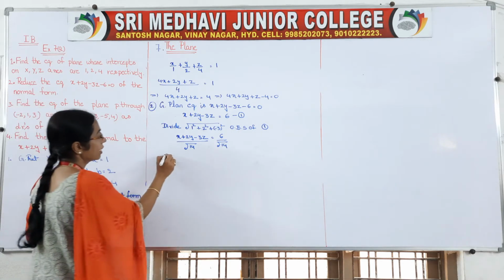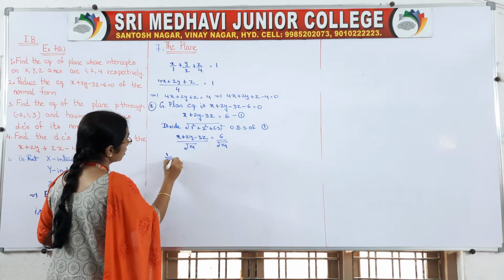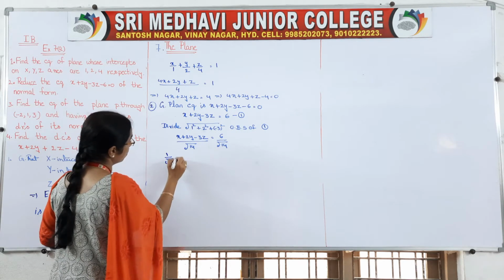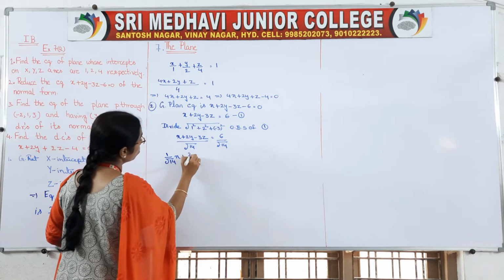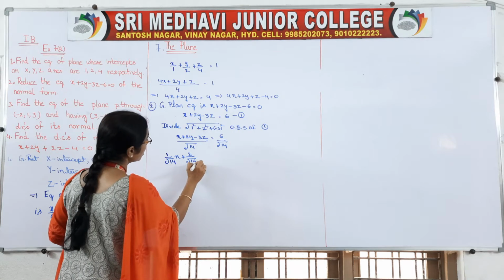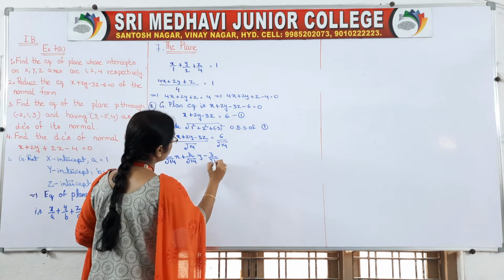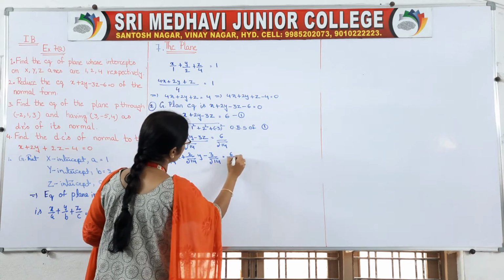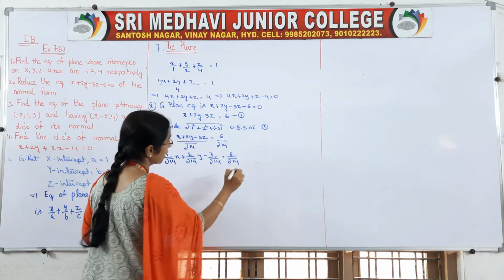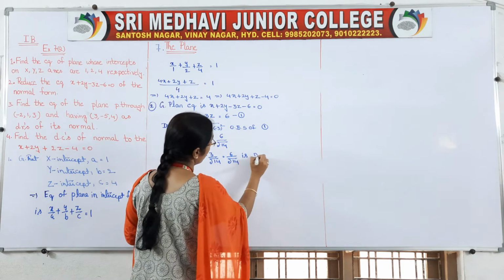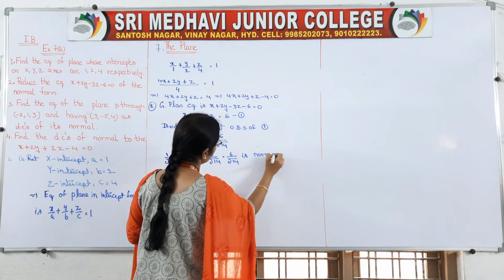Now write this like this, coefficient into its variable: 1 by root 14 into x plus 2 by root 14 into y minus 3 by root 14 into z is equal to 6 by root 14. This is the normal form, right girls.